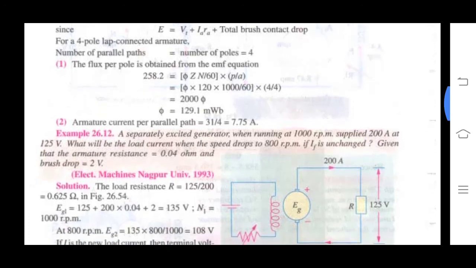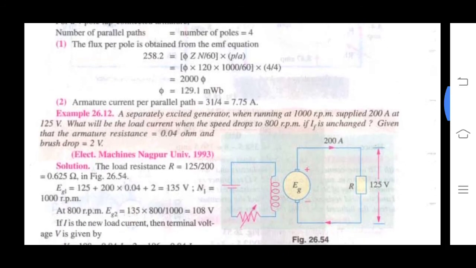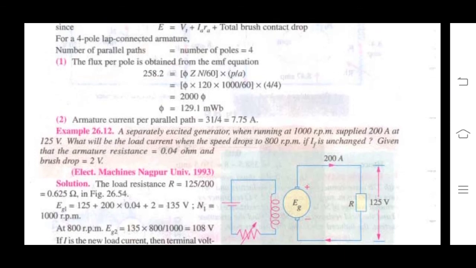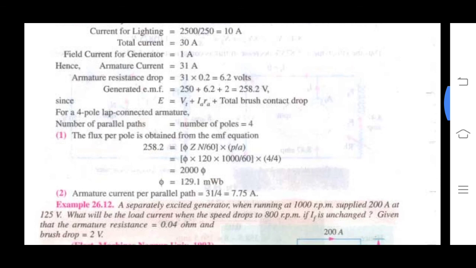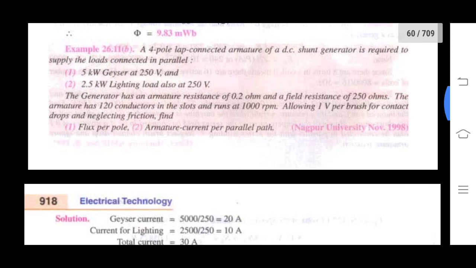So φ equals 129.1 milliwebers. Armature current per parallel path equals 31 by 4. The armature current per parallel path is 31 by 4 because of lap winding: the number of parallel paths equals the number of poles.